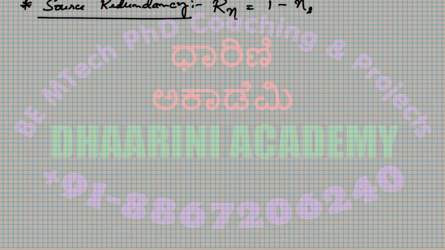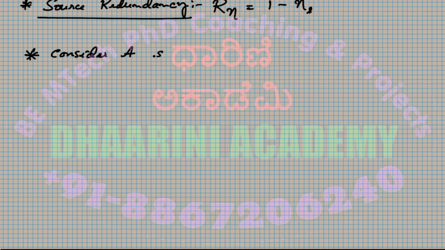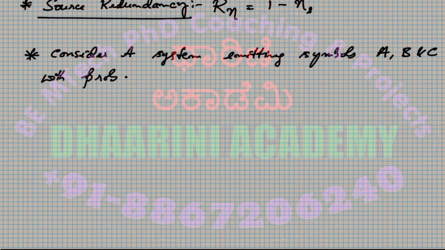Okay, the first one: consider a system emitting the symbols A, B, and C with the probabilities 0.45, 0.35, and 0.2.